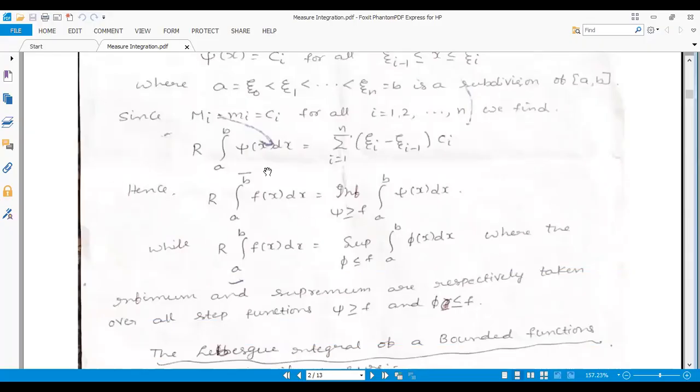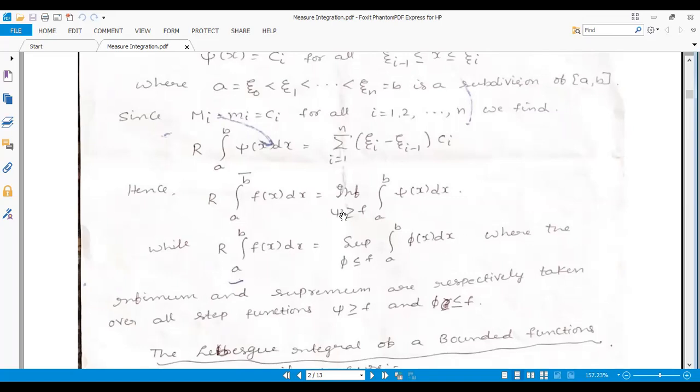Then the upper Riemann integral is equal to the infimum, over psi greater than or equal to f, of the integral from a to b of psi of x dx. In a similar way, the lower Riemann integral of f of x dx is equal to the supremum, over phi less than or equal to f, of the integral from a to b of phi of x dx.